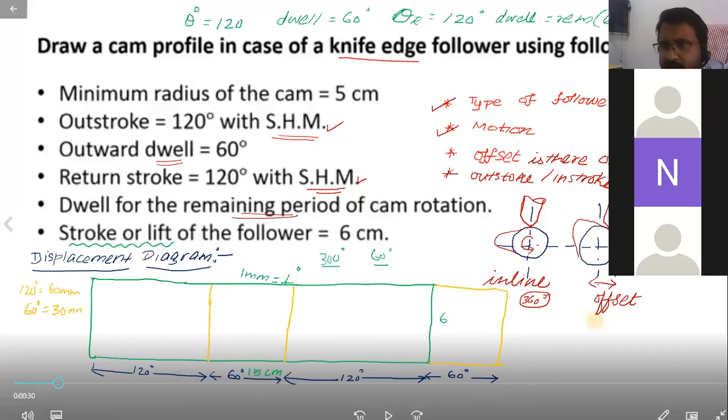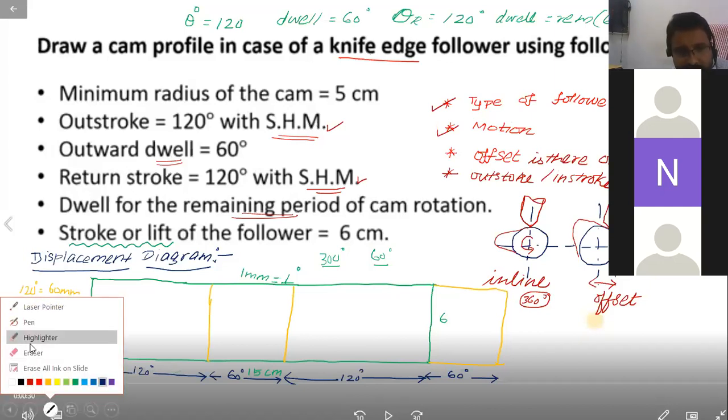Yeah, that's what you have done. We can't just draw it freehand, sir. Freehand is not permitted. Yeah, you have to draw it accurately. Like, we have to divide it and properly do it.